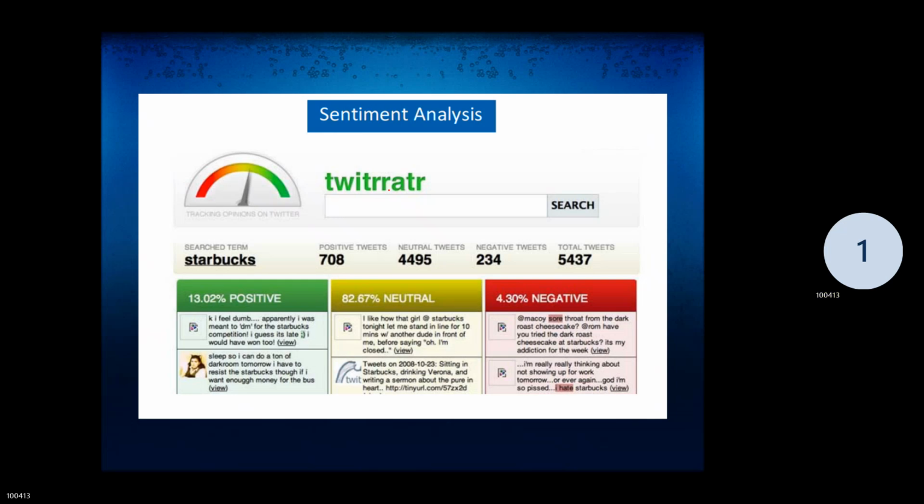So it grabs some of the keywords, takes them from the sentences, and provides positive, negative, and neutral responses according to that.